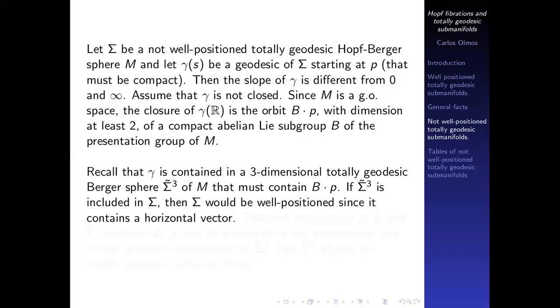Now, if sigma 3 is included in sigma, the totally geodesic submanifold that has the geodesic gamma inside, then this standard Berger 3-sphere contains a horizontal vector. And so sigma contains a horizontal vector, and then, from what we saw before, sigma is well positioned.